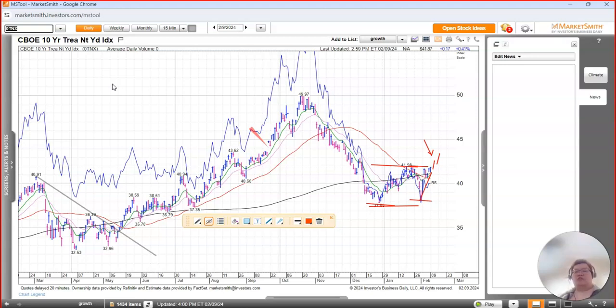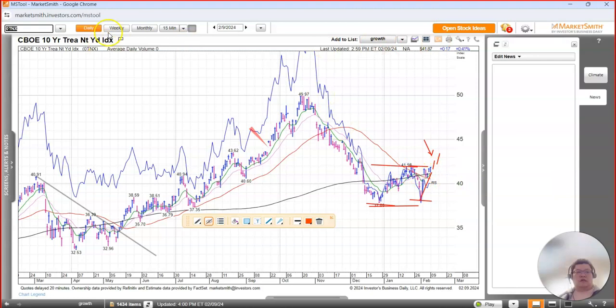Something to pay attention to, especially since this has a very strong correlation to how growth stocks behave. Usually it counters those stocks. So I would be paying attention to this more going forward, especially now that it has found support, and I think this pretty much is the highest close in the last month.